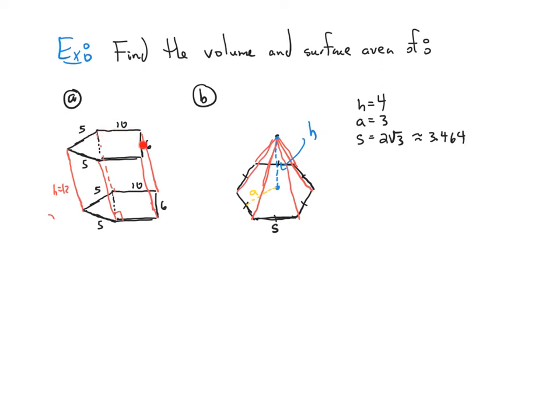Note that in the prism, the base isn't a nice, neat shape, so you might have to do a little bit of work to calculate the area of this. It's kind of like a rectangle here, and then it has a triangle on the left side, and this length on both sides is 5, which tells you that this is indeed an isosceles triangle.